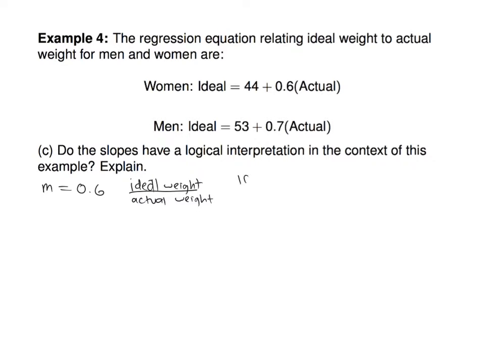Okay. So if actual weight increases by 1, ideal weight increases how much? By 0.6. I don't think I see any obvious problem with that, do you?